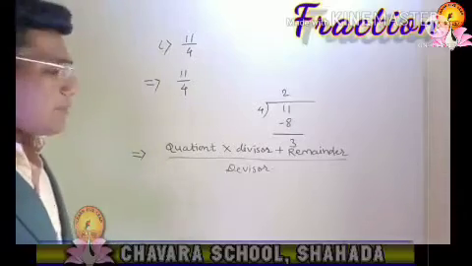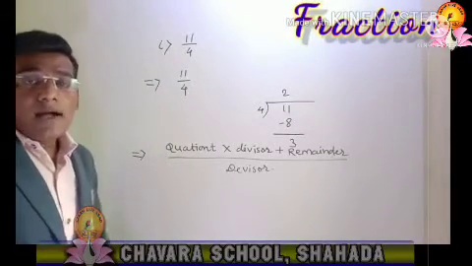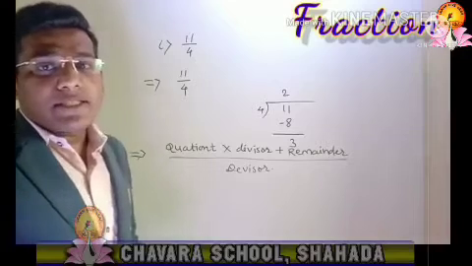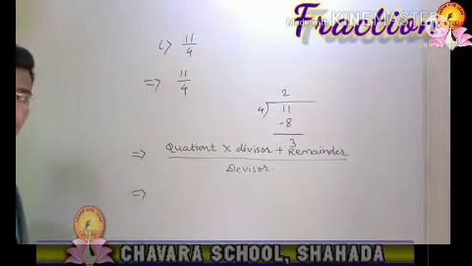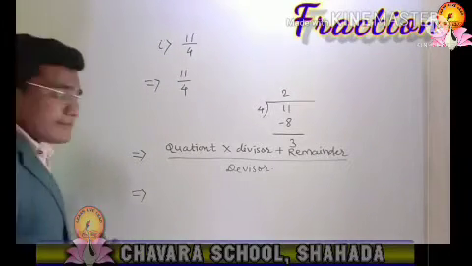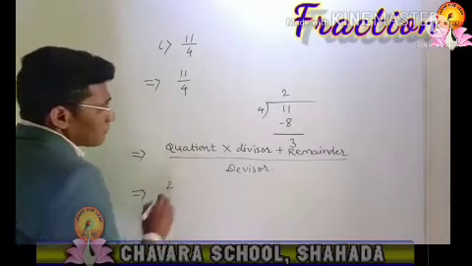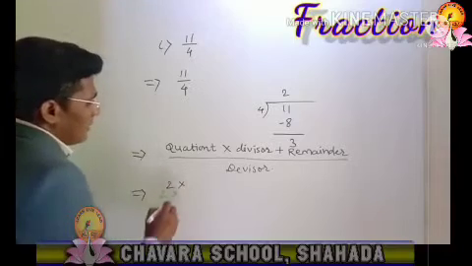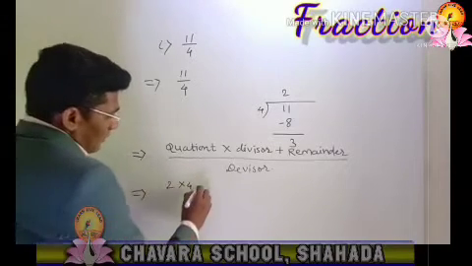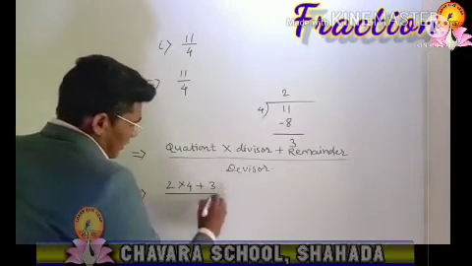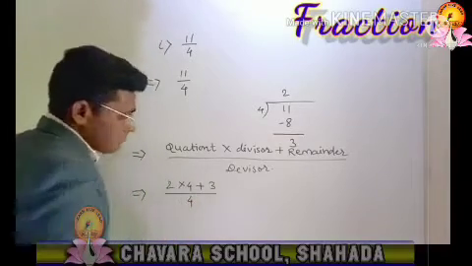And by using this formula, we can convert an improper fraction into a mixed fraction, as the quotient is 2 multiply by the divisor 4 plus the remainder 3 upon 4.